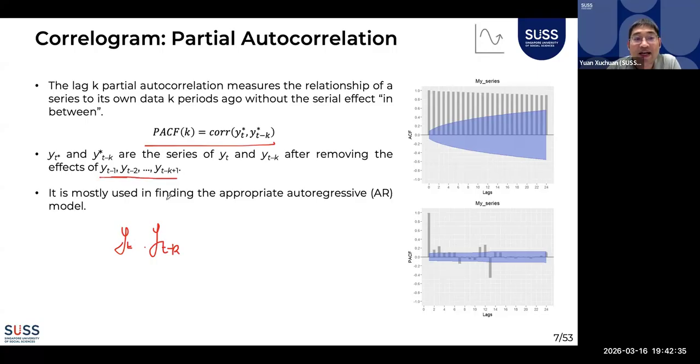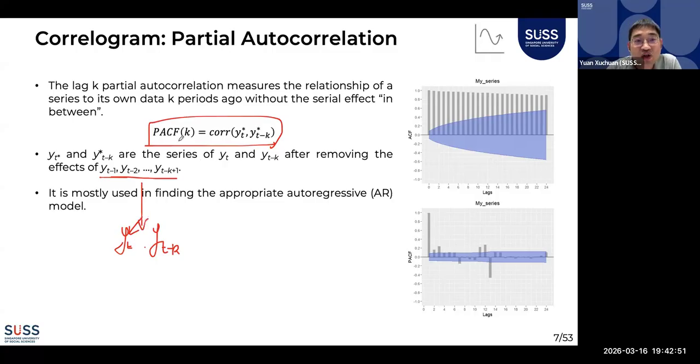This impacts Yt, right? So when you calculate the partial autocorrelation function, you want to remove the impact of the values in between.